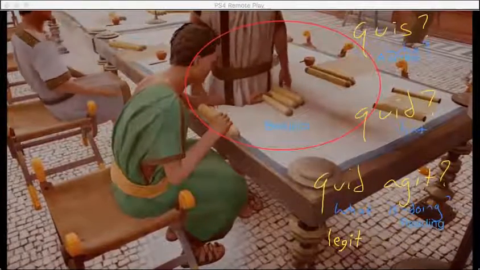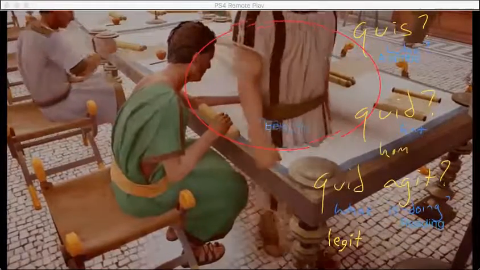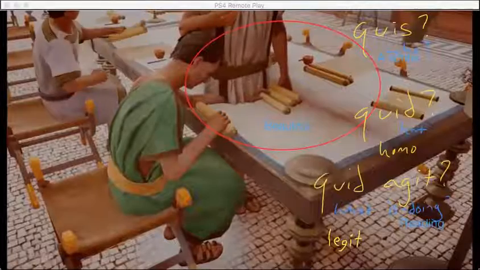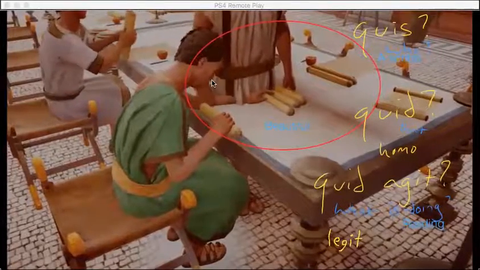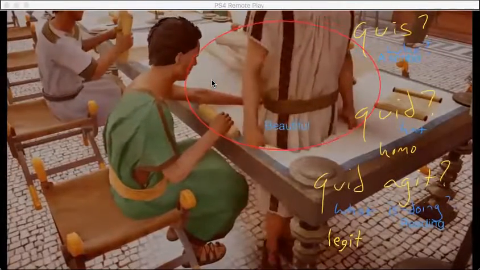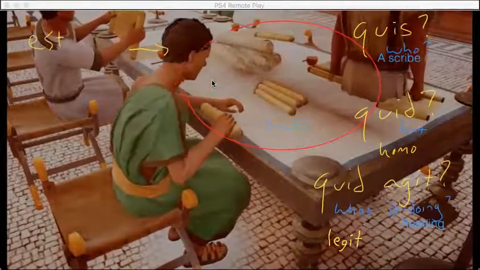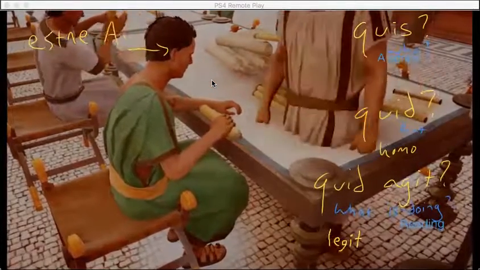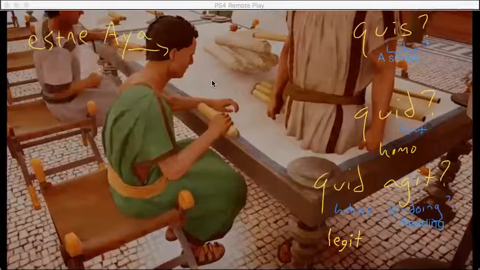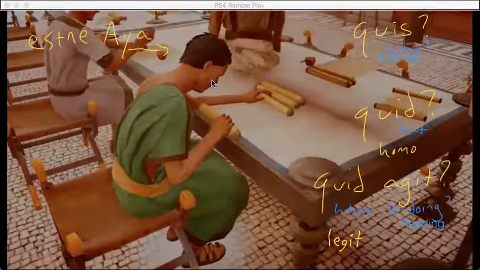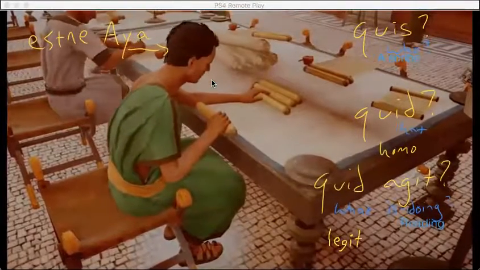Could also use that general purpose word homo. So, quis est homo? Est ne aya? So this is the other most common kind of question that I'll ask you.